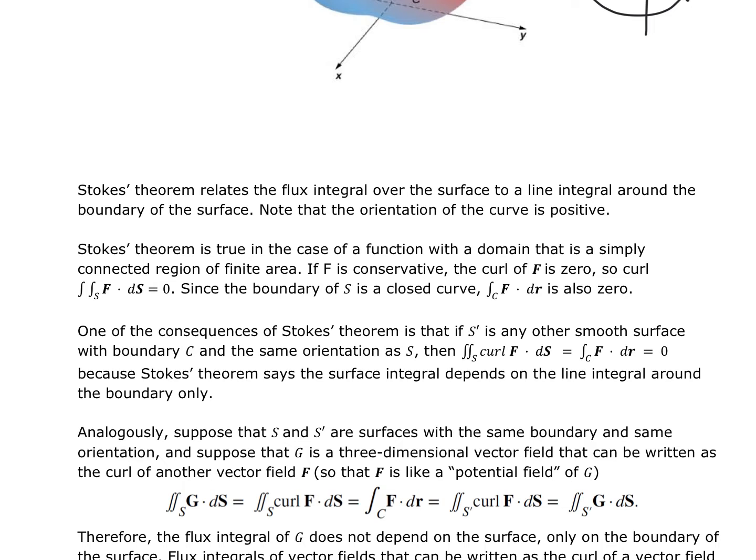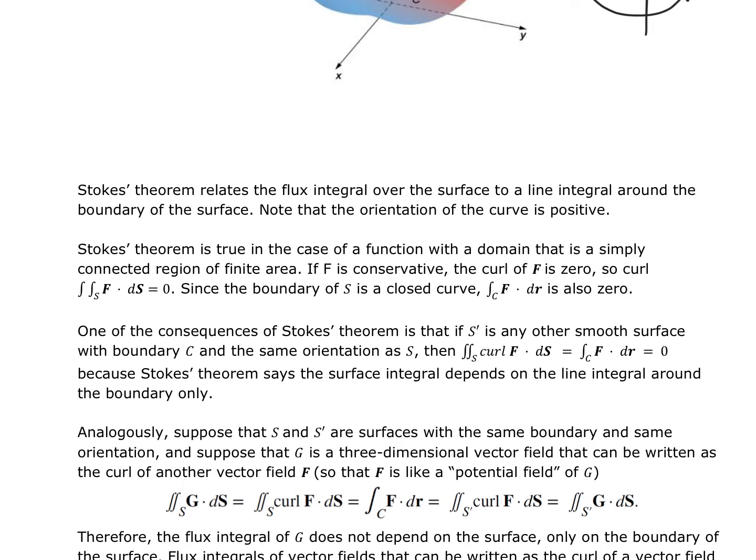So the double integral over the surface S of the curl of F dotted with dS will equal 0. Since the boundary of S is a closed curve, the integral over the curve of F dotted with dr is also equal to 0.